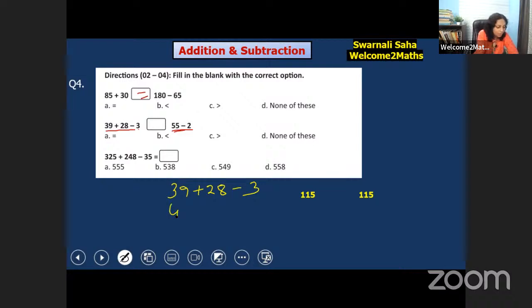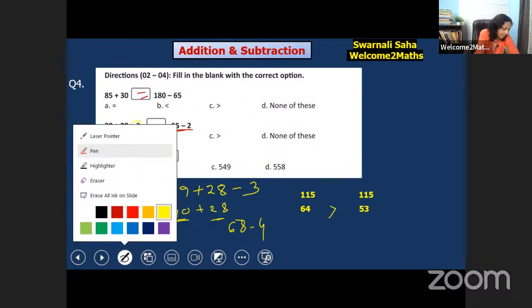Instead of 39, we can add 40, it would be easier. 40 plus 28 is 68. But we have to subtract, so instead of 3 we have to subtract 4. So it would be 64. Now next, 55 minus 2 is 53. So it is greater than. Fine.